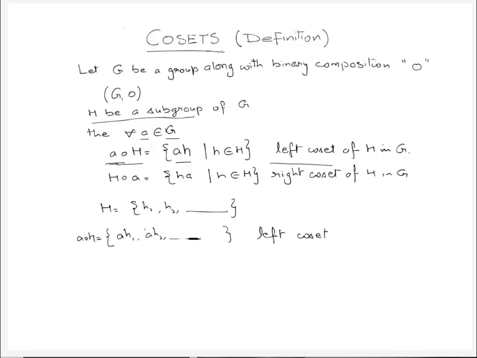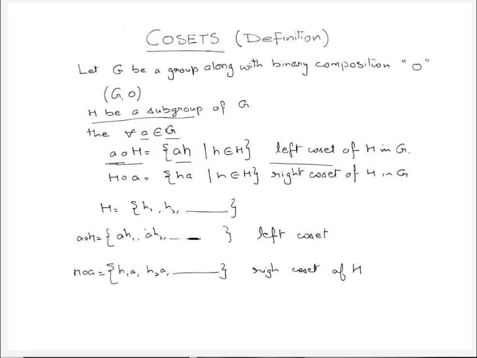And if you form another set by multiplying or adding, whatever the binary composition is, from the right hand side, that is h1a, h2a, and so on, then this is called right coset of H.